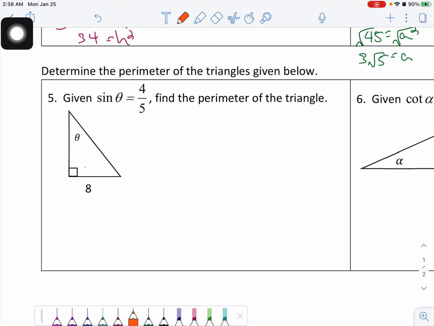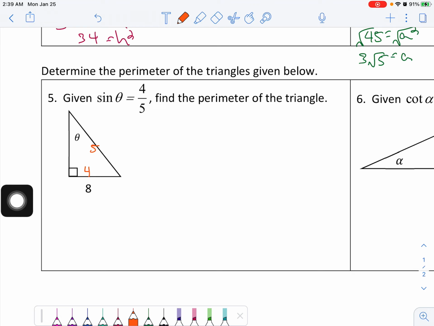Well, sine is opposite over hypotenuse, so this is 4 over 5. But you may recognize this side was already marked with an 8, so that's a little bit weird. So I'm actually going to ignore the 8 for right now and figure out what the 3 sides of this triangle are when they've been reduced.